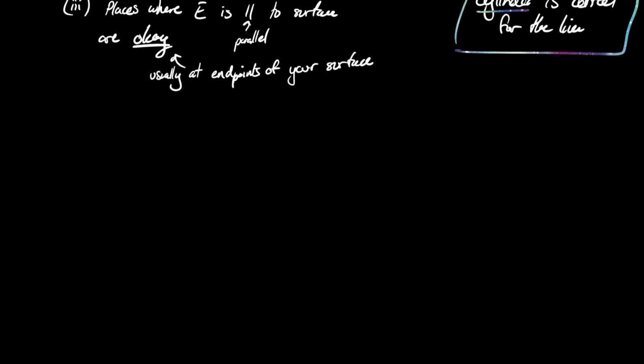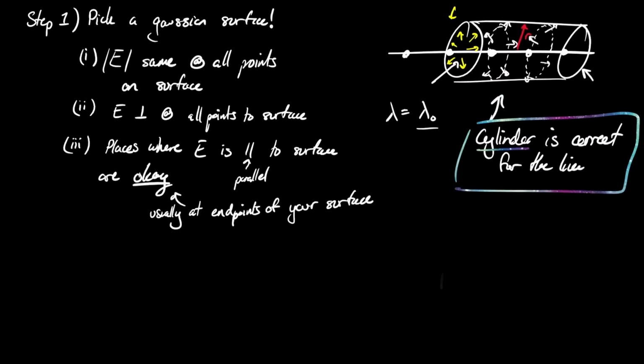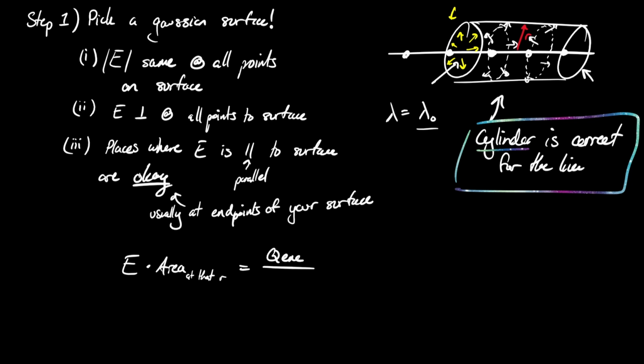And now remember that Gauss's law, when we pick this perfect surface, simplifies immensely. It's just electric field times the area, again at that undetermined r, equals the enclosed charge over a constant. So all there really is to do is simplify the area and simplify the enclosed charge, and then we're done.